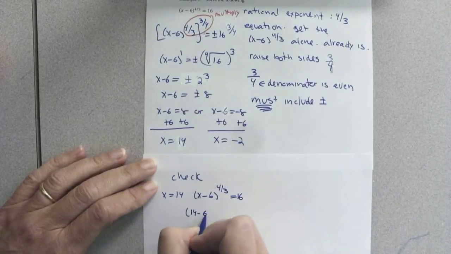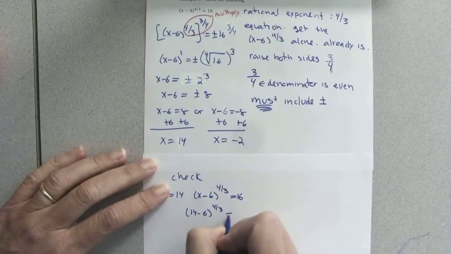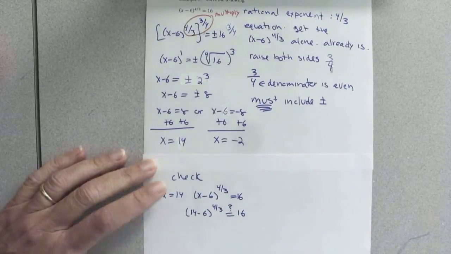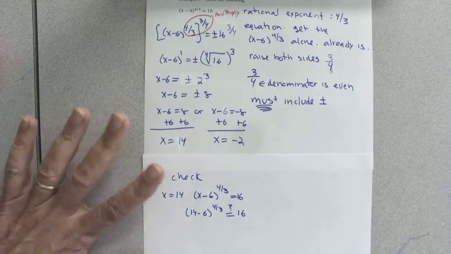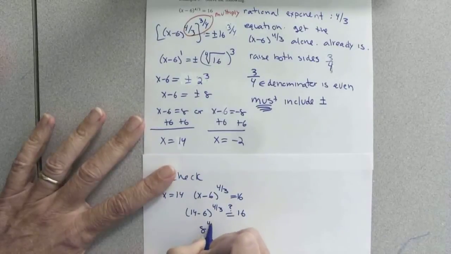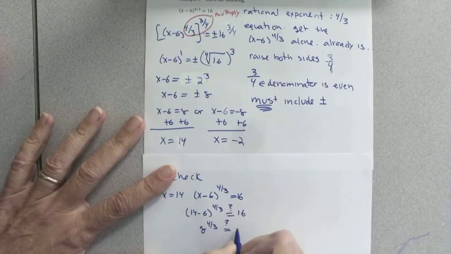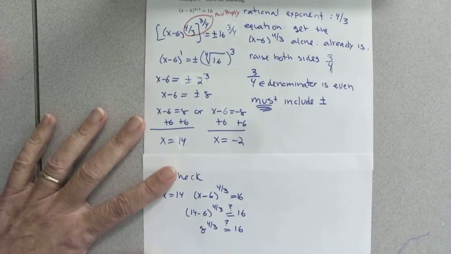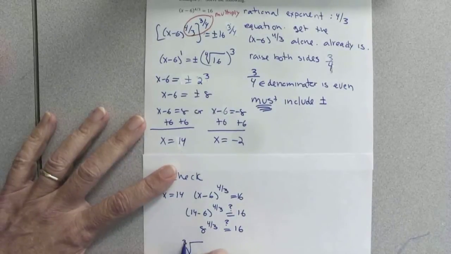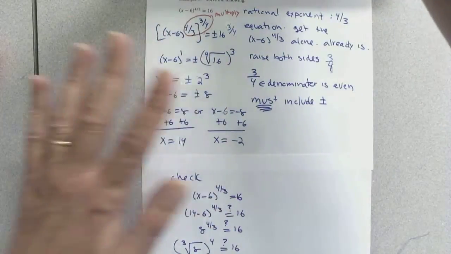So 14 minus 6 to the 4/3. Wondering if that's going to be 16. That's 8 to the 4/3. That's the cube root of 8 to the 4th.